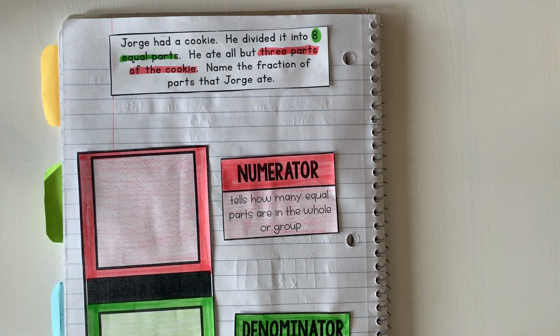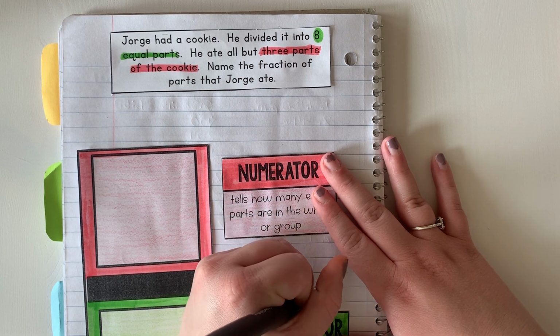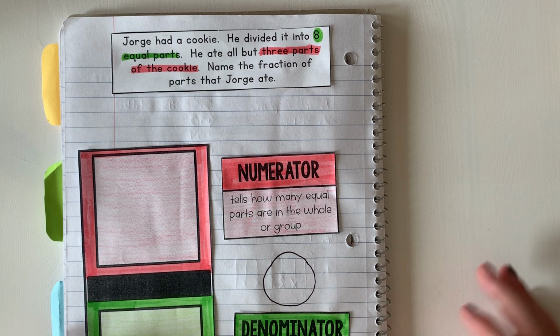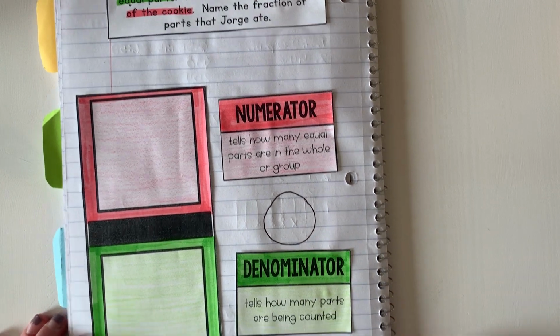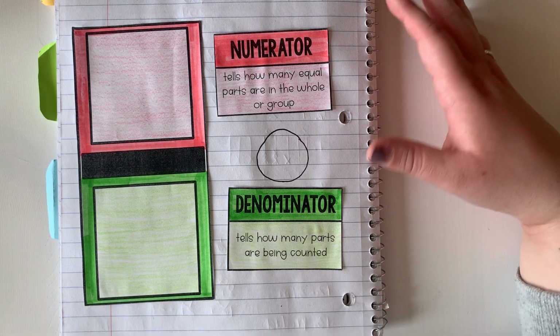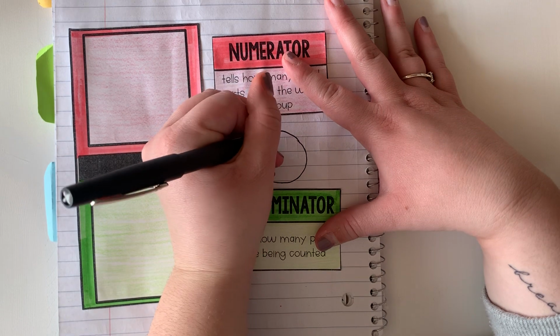Now, I'm going to draw the cookie. So I'm just going to draw a circle. And it's not going to be perfect because it's hard to draw a perfect circle. And then I'm going to slide this up and you won't see the word problem anymore, but I want you to be able to see this. I'm going to split it into the 8 equal parts that he cut his cookie into.